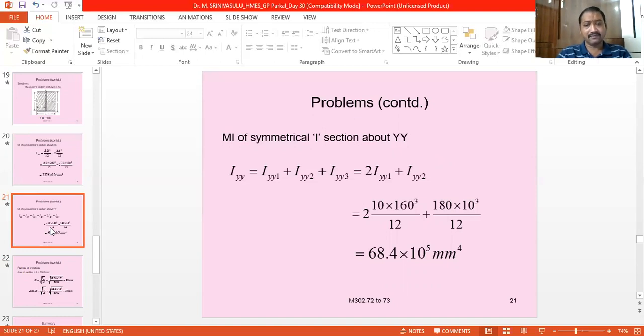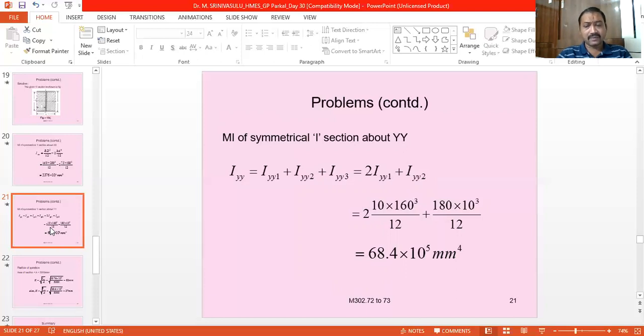Therefore Iyy of the given section is equal to Iy1 plus Iy2 plus Iy3. Here Iy3 is also equal to Iy1. So that is equal to 2 into Iy1 plus Iy2.